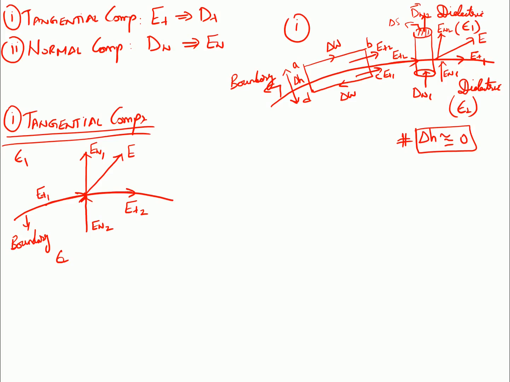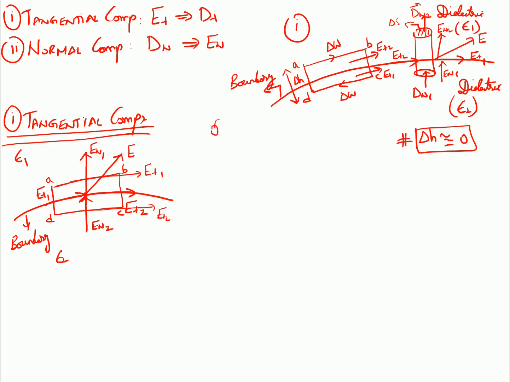So in order to solve this, again we are going to use this rectangle over here. Let me draw the rectangle so that we can easily map it. This is A, B, C, D. Tangential component over here is ET1, and for this is ET2.